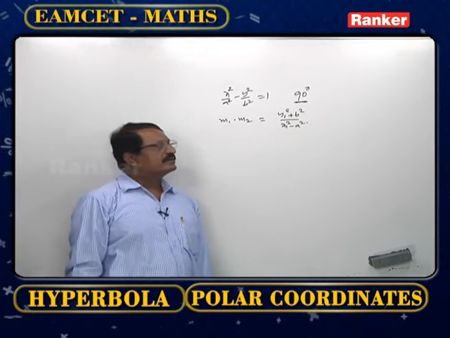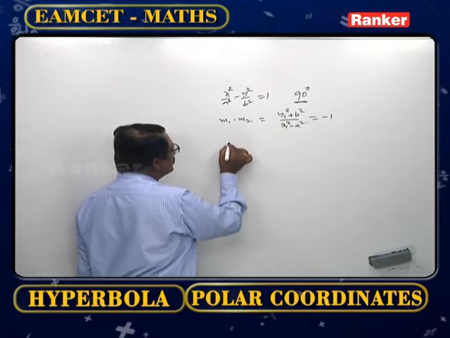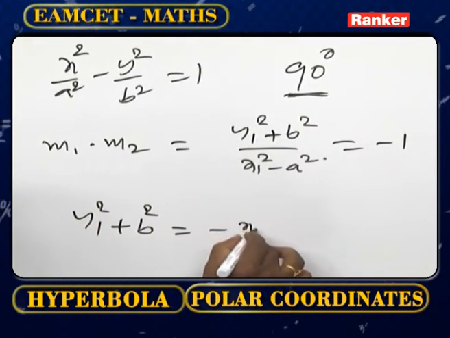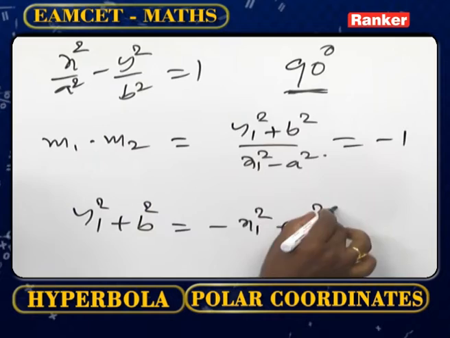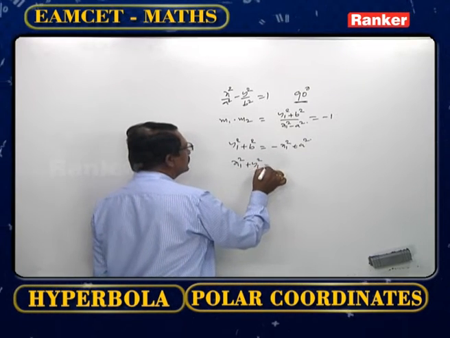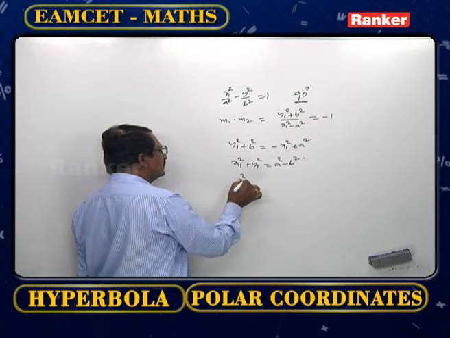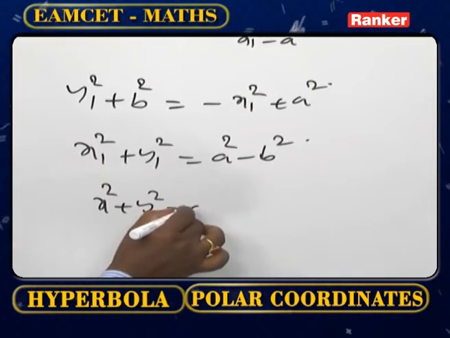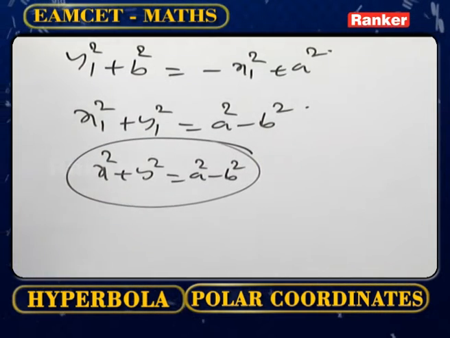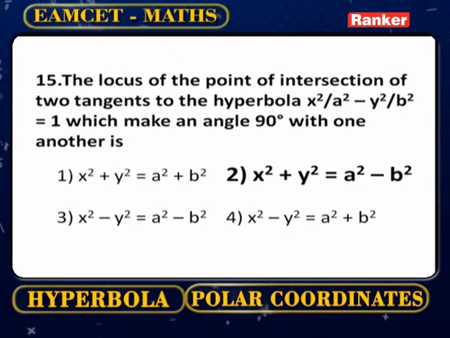By cross multiplication, y1² + b² = −(x1² − a²). Now x1² + y1² = a² − b². Then the locus of P(x1, y1) is x² + y² = a² − b². The second option is correct.